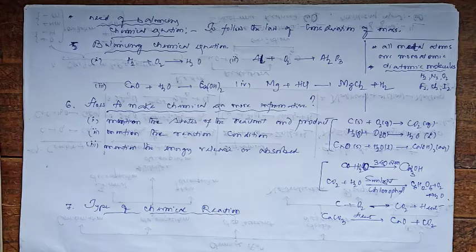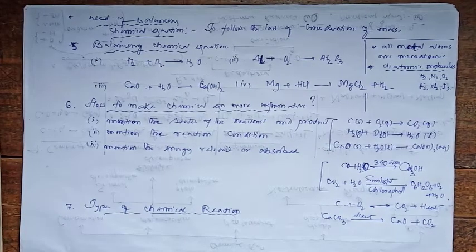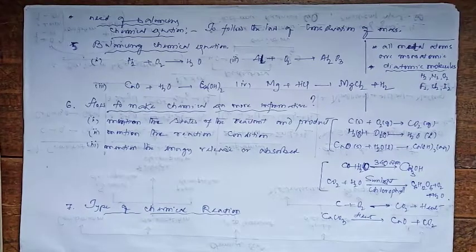Okay students, let's understand the need of balancing. Now you know what is a balanced and unbalanced chemical equation. So let's understand the need of balancing a chemical equation. Students, we understand that during a chemical reaction, the mass is always conserved. When I say mass is always conserved, what does it mean?